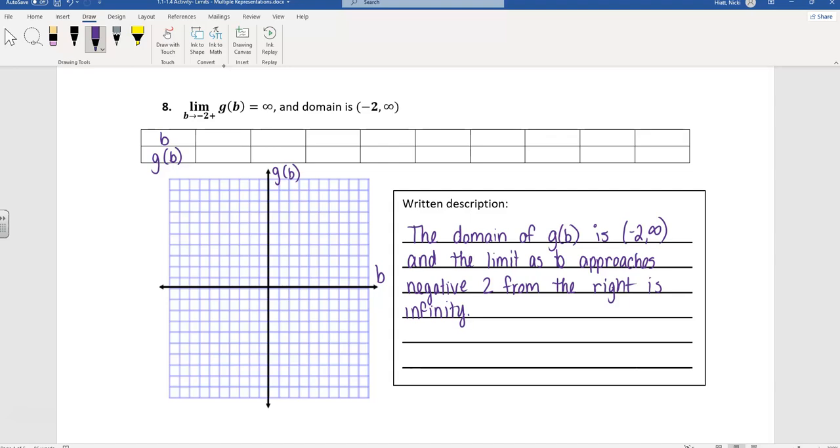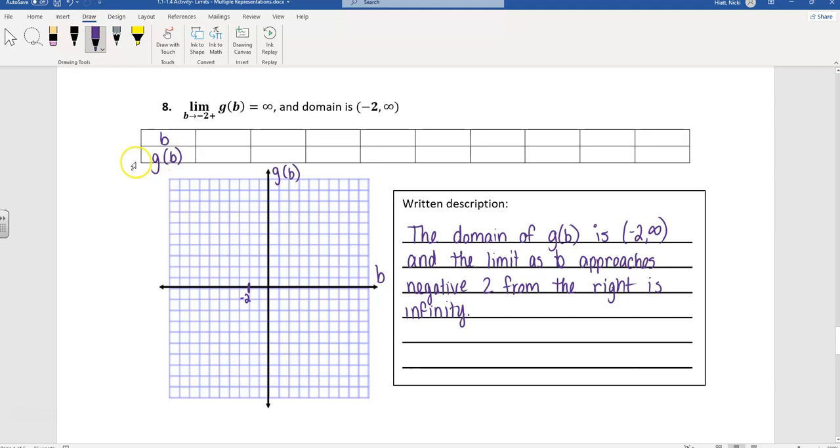So we've labeled all this. My domain is only -2 to infinity. So at -2, right here, I really only want to have the function to the right of that. I can't have any values to the left of -2 because they're not in the domain for this function.